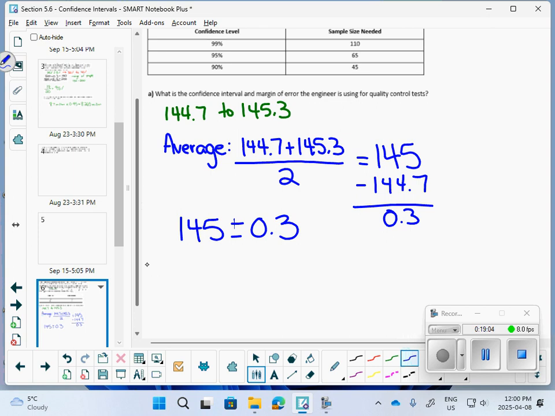Thank you for taking the risk and furthering your understanding. Just look at the two numbers. We have a sample size of 45 and a confidence level of 90%. We have a sample size of 65 and a confidence level of 95. So as the sample size goes up, what happens?